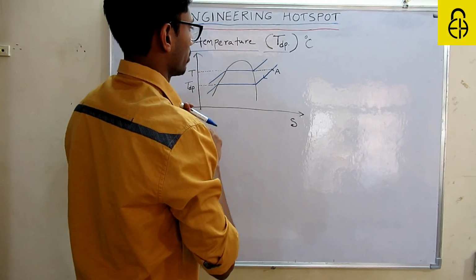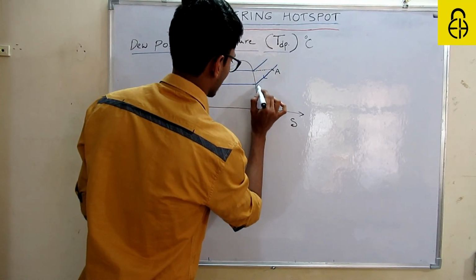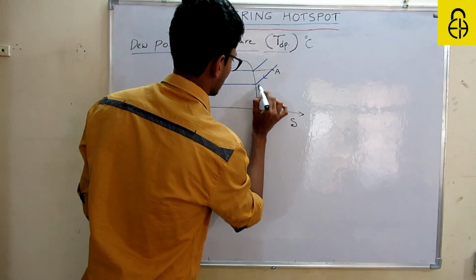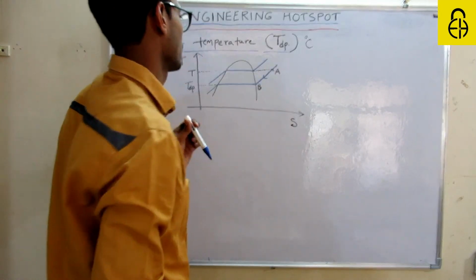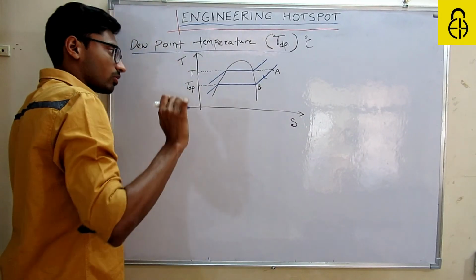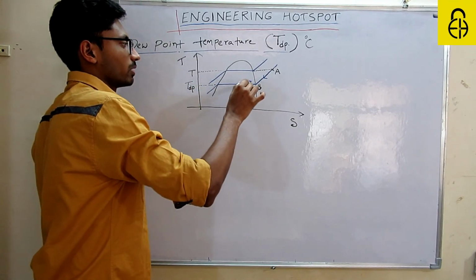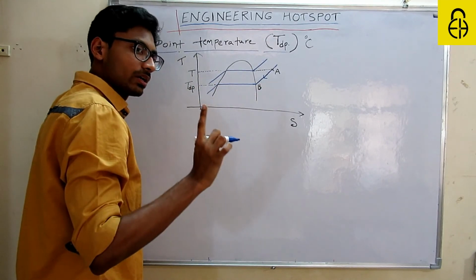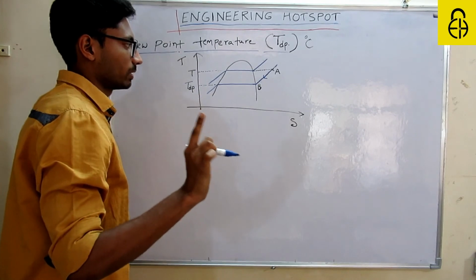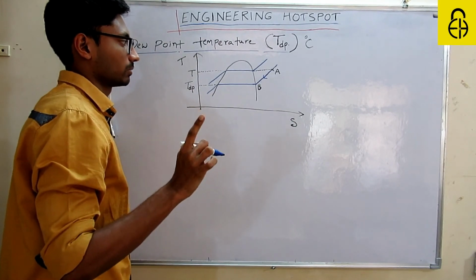I mark this point as B. As soon as you reach this point B, a dew droplet of water is formed.